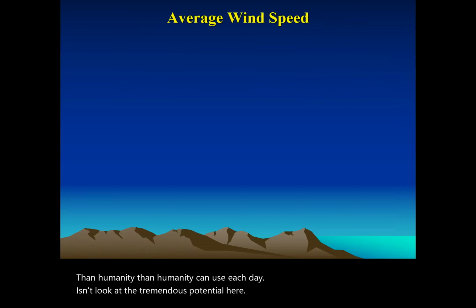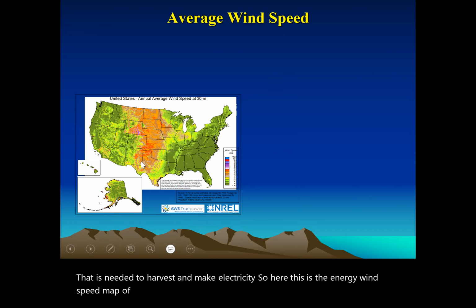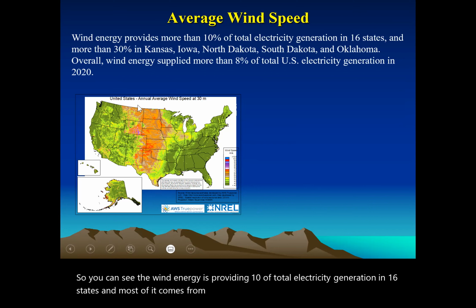So how much wind do we need? What is the average wind speed needed to harvest wind and make electricity? Here is the wind speed map of the USA, and the orange and red regions are the parts of the USA which have more wind. You can see wind energy is providing 10% of total electricity generation in 16 states, and most of it comes from Kansas, Iowa, North Dakota, and South Dakota.